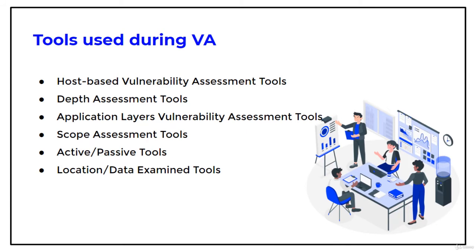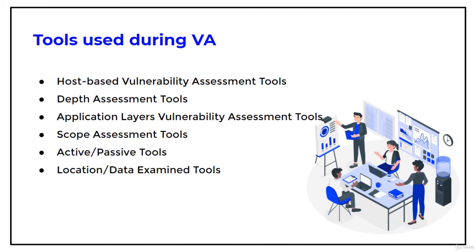Next is the application layer vulnerability assessment tools. Application layer vulnerability assessment tools are directed towards web servers or databases. Then the scope assessment tools. They provide security to the IT system by testing for different vulnerabilities in the applications and the operating systems. Active and passive tools.